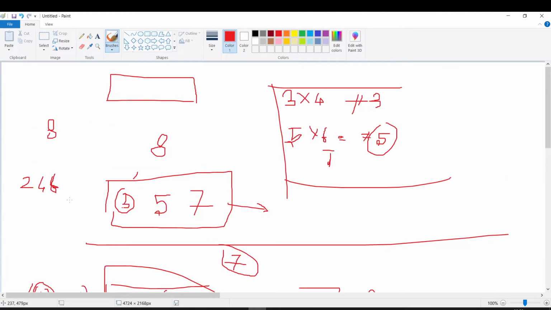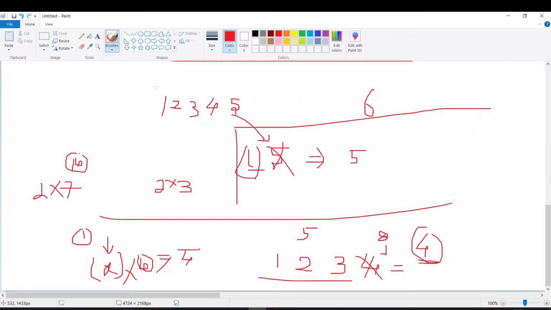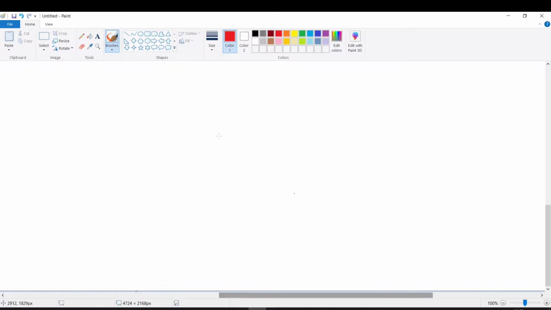For once, let's try including all the numbers in the sequence. Like, why not eliminate few numbers? Like, let's say for 6, I take every number from 1 till 5. So I'll be getting 120, and of course it will be divisible, right? It will be divisible by this because we'll be having 2 and 3 in the middle.